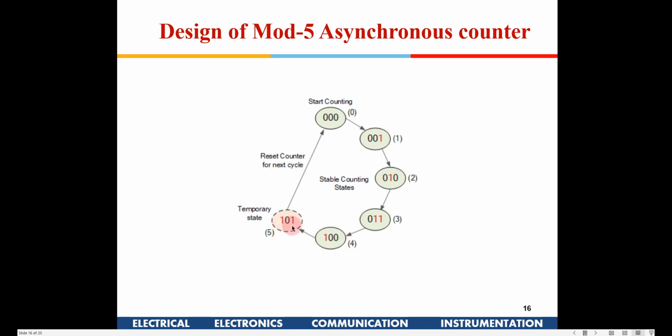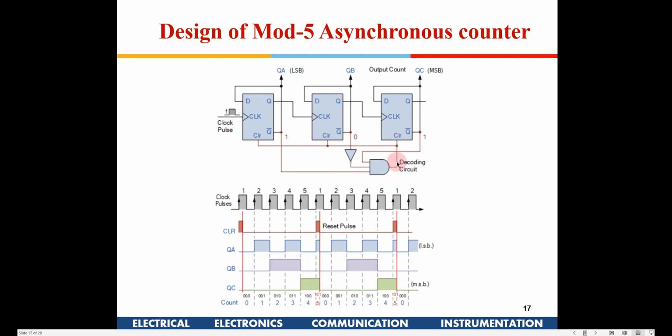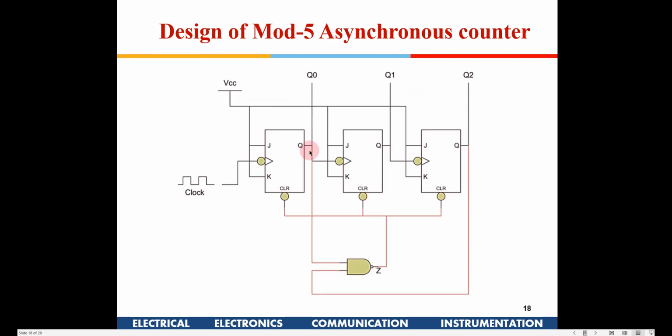So this is the only state where both are 1. That is the reason if I take only Q and Q bar, that is good enough. I don't have to take 0 from here. And then I am putting a NAND gate, because here I have a JK flip-flop which is using an active low clear signal.